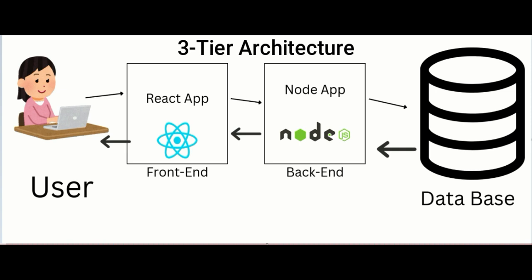Then a request comes from the front end to fetch the data from the database, then the backend layer comes into the picture, it processes the request that comes from the front end, validates and authenticates it, and sends it to the database. Then it retrieves the data and sends it back to the backend, and then it comes to the front end. So this happens in the background, which is called a three-tier application.